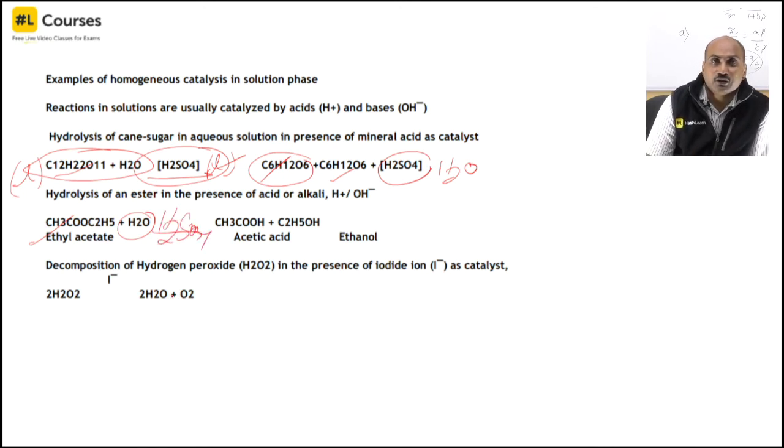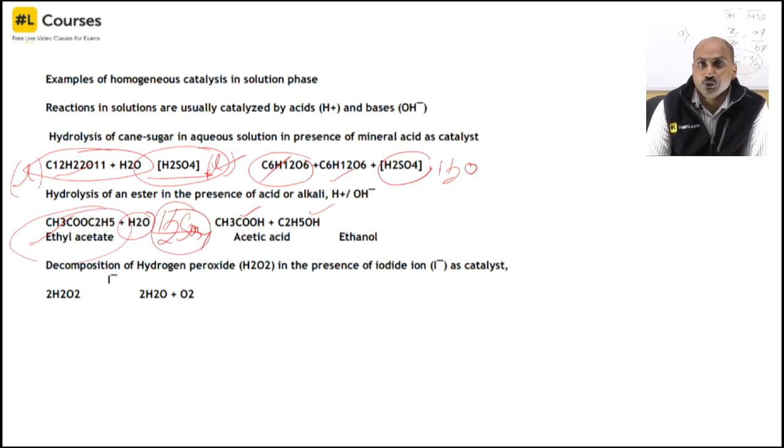It gives us two products, acetic acid and ethanol. Here also you can look at the ethyl acetate in the liquid phase, and the sulfuric acid, the catalyst I am using for this process, is also in the liquid phase. Thereby, this is called homogeneous catalysis in the solution phase.